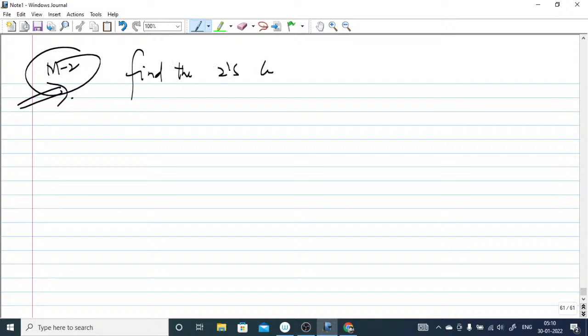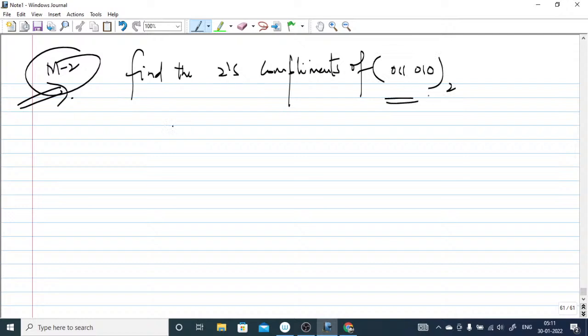So method 2, which you should follow for the examination. Whenever they ask you to find the 2's complement of 0 1 1 0 1 0, you have to find it directly.